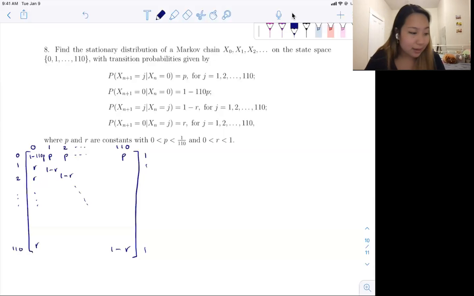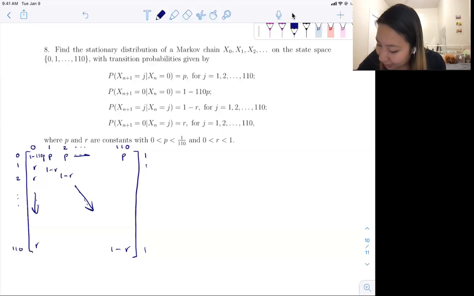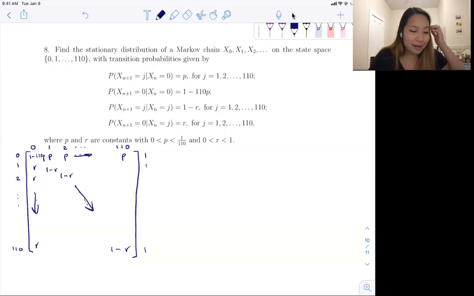All of these rows sum to 1. I'll just do little arrows for prettiness.